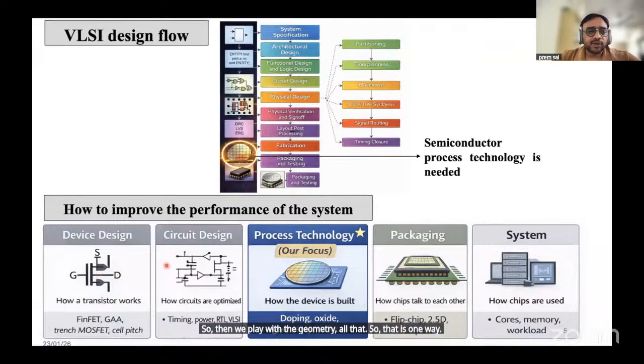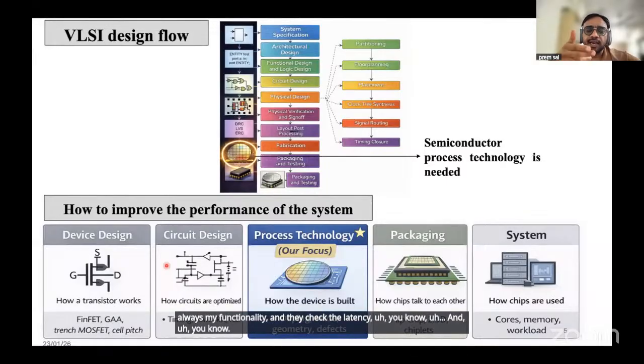The other thing is circuit. The circuit people, we assume, okay, foundry people have given us the information in the form of a PDK. So we just try to arrange them and check how is my functionality, and they check the latency and static timing analysis, STA, all that. So that we will do. And process, this is where people play with the processes.